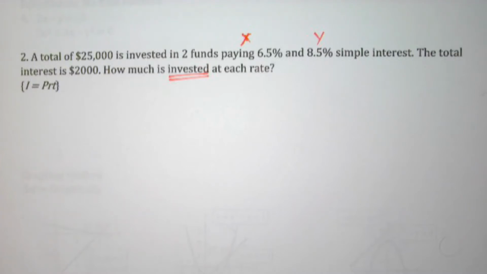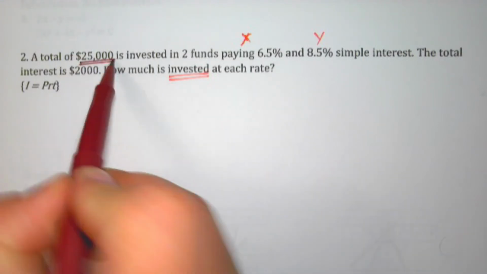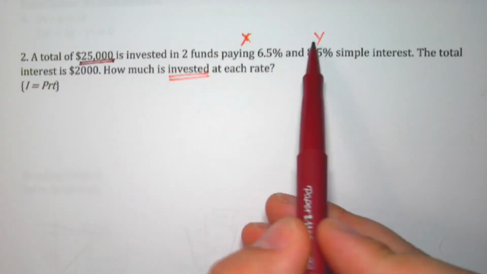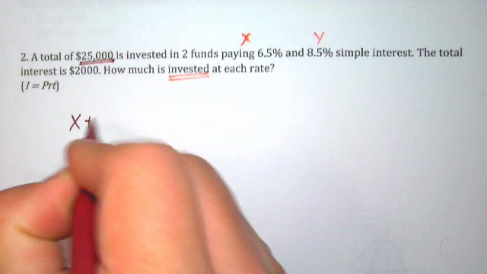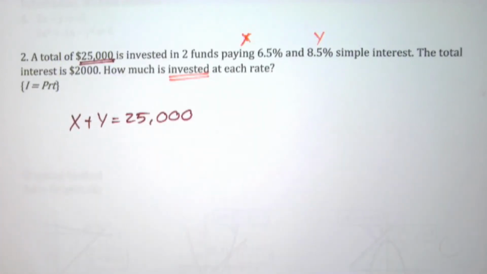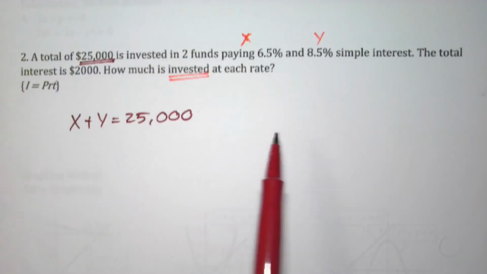So let's take a look at what we can find for our 2 different equations. Right off the bat, we know how much was invested: 25,000. So between our 2 funds, we know that total investment has to be 25,000. The nice thing about that is we not only create an equation, but we've pulled a piece of this application out of the problem.